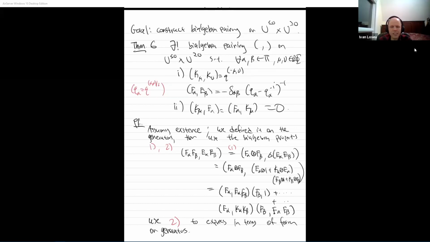Right. So the explanation should be that this pairing is non-degenerate. In some sense, it's a perfect pairing. And of course, when you have a perfect pairing depending on a parameter, and you specialize this parameter, the pairing may fail to be perfect.